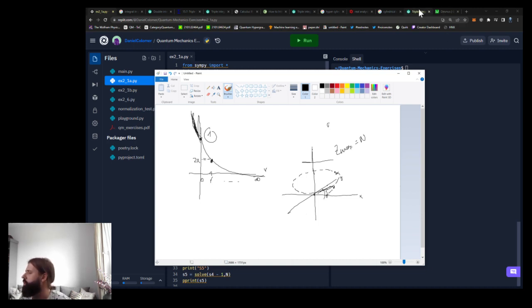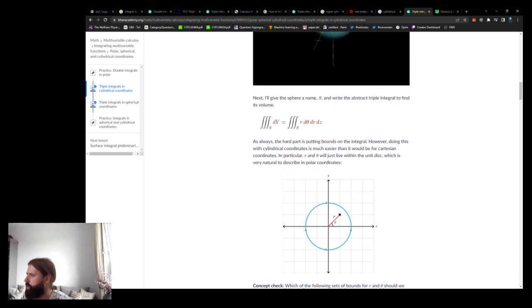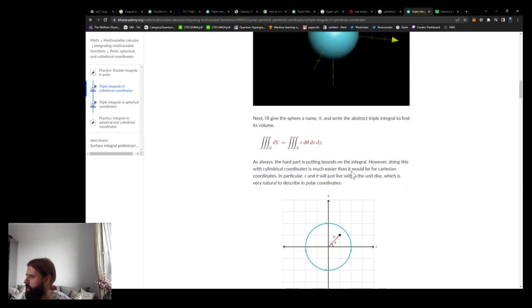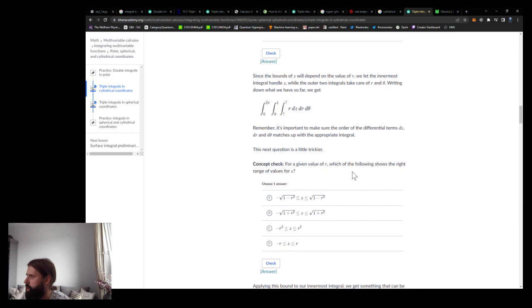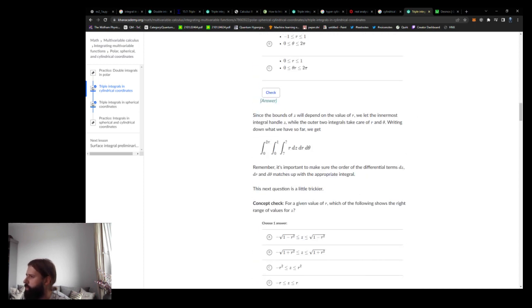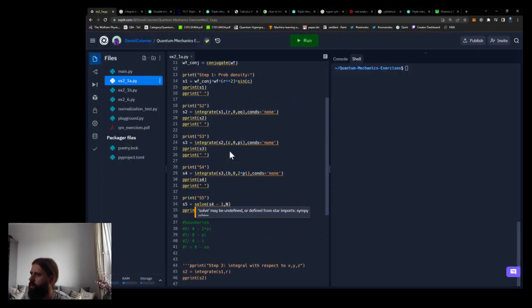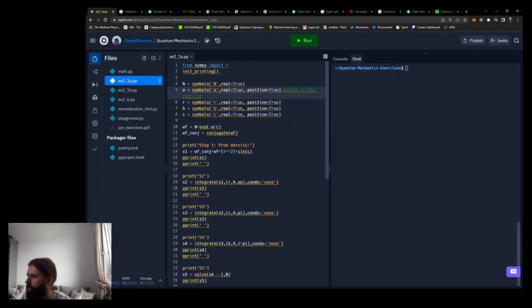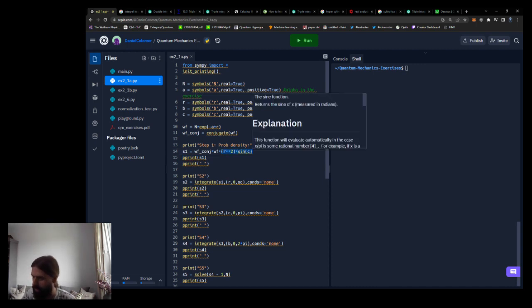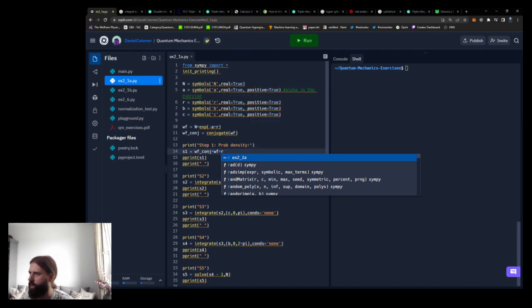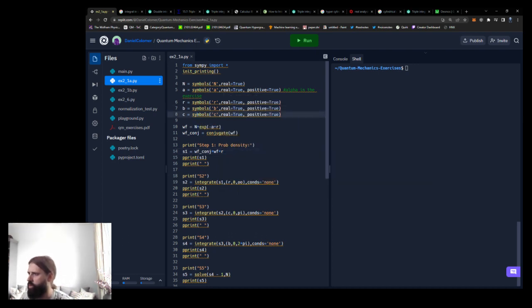So the cylindrical coordinates thing here is r dz dr d theta. We're going to do just r, and let's just use b here.